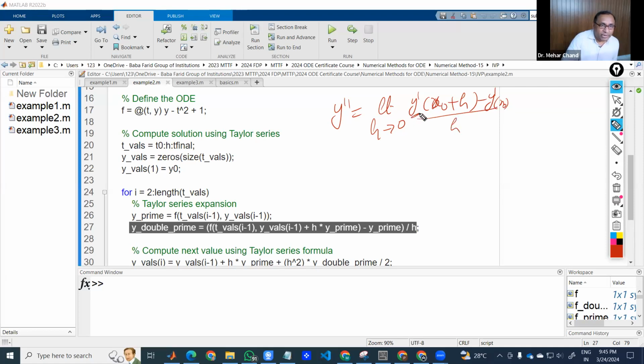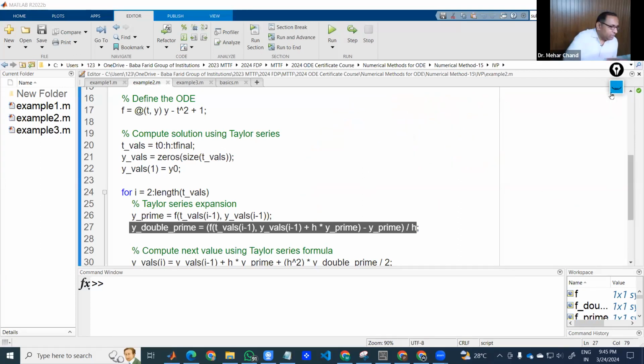But you know y dash is equal to f(t, y); y dash is a function of t and y. So when you use this value in place of y dash, the above expression will be converted into this form, and you can do it in a very easy way.